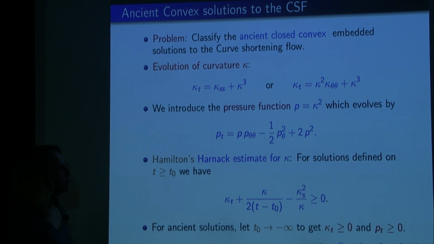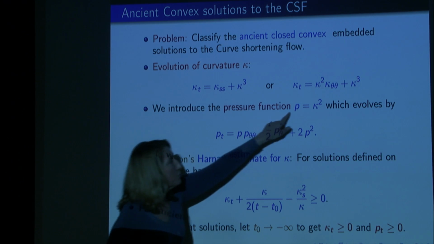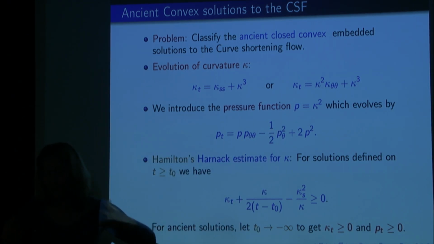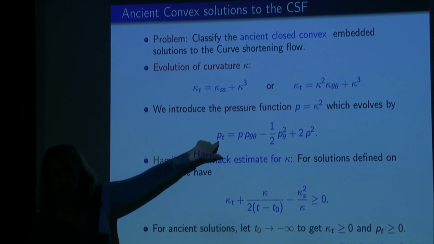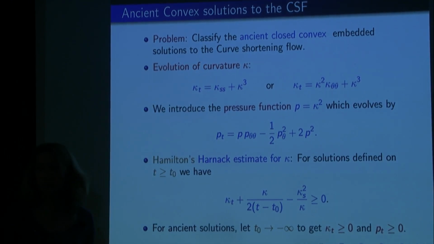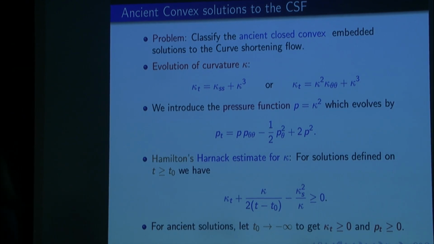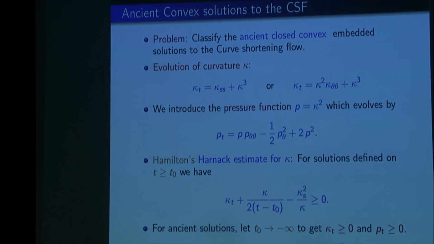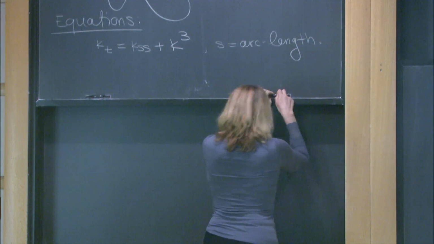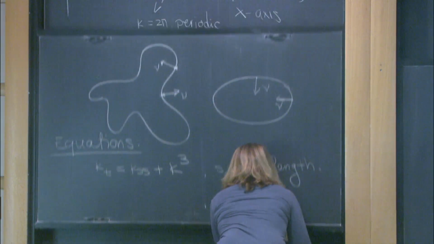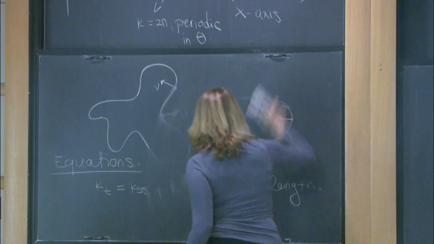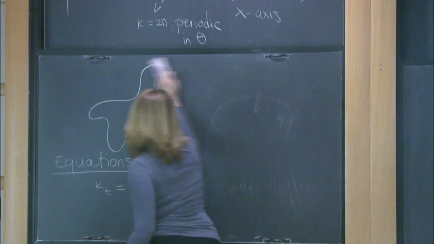So we introduce P to be kappa squared, and then you compute the evolution equation of P from that of kappa. It turns out P satisfies a nice evolution equation, and we will be working with this. Soon I'm going to switch to the board.